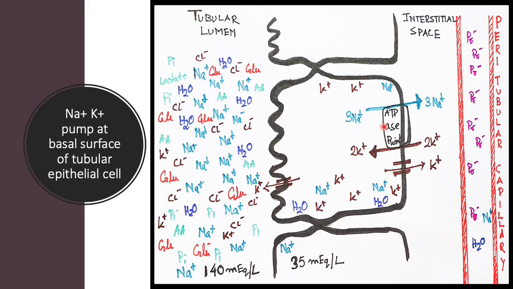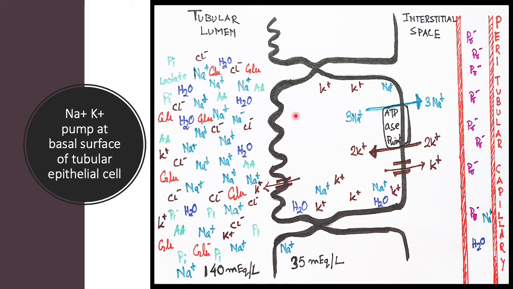Because of the presence of this sodium potassium ATPase pump, what is happening? Two things are happening. One is that the concentration of sodium inside the cell is only 35 milliequivalent per liter, whereas outside, because of the filtered load, there's 140 milliequivalent per liter. So you can say it is creating an electrical and a concentration gradient.